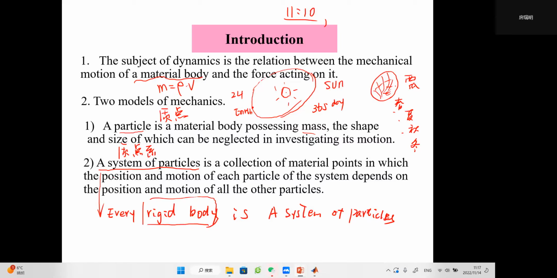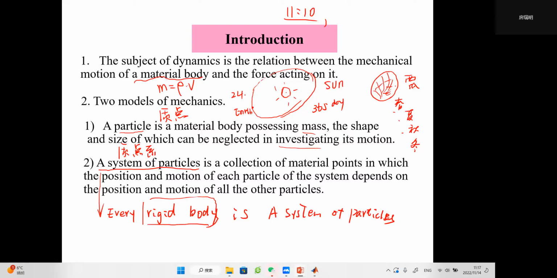When we use the particle model and when we use the system of particles depends totally on the problem we are investigating. Once again, if we are investigating the motion of the Earth around the sun, then we can just look at the Earth as a particle, and that is enough.